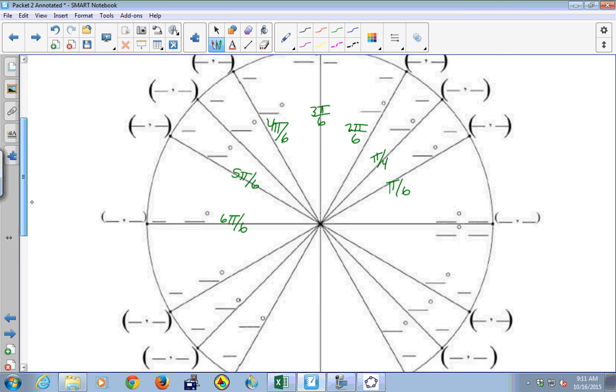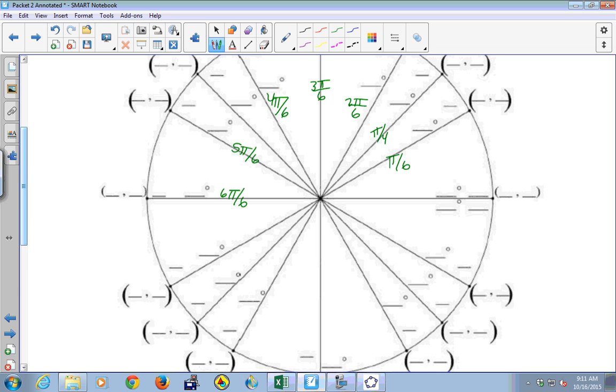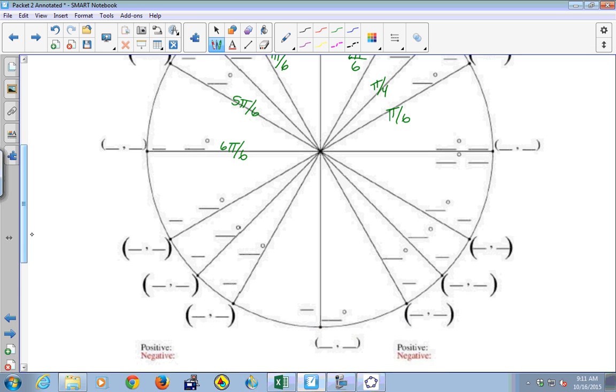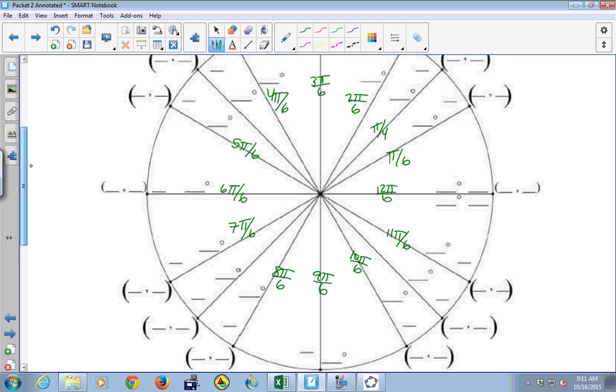So I'm just skipping the multiples of pi over 4 lines and just labeling the pi over 6 ones. 7 pi over 6, 8 pi over 6, 9 pi over 6, 10 pi over 6, 11 pi over 6, 12 pi over 6.